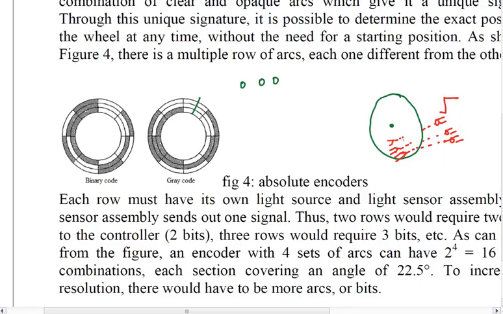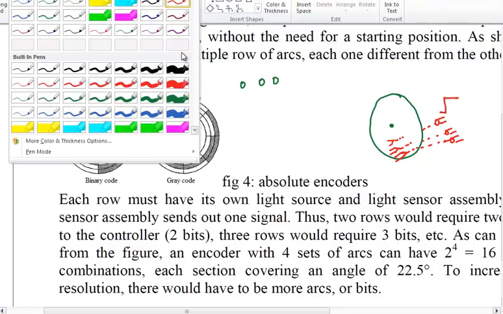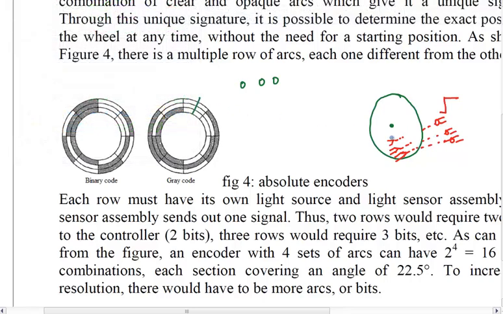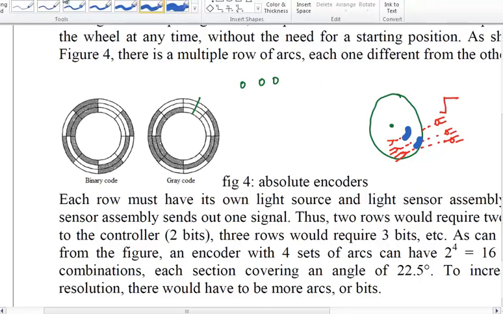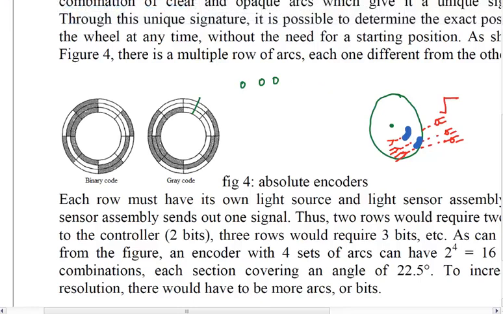Now, the light will pass when it is transparent. So let me draw the transparent one with a different color. If it is transparent, the light will pass. If it is not transparent, as you can see in the middle, the light will not pass. So how will the output pulse look like?